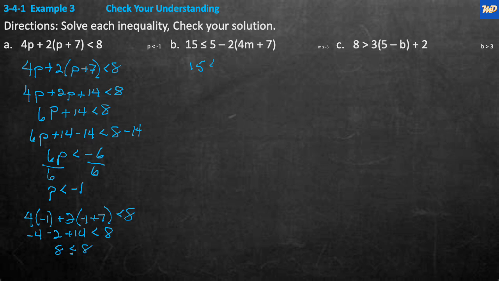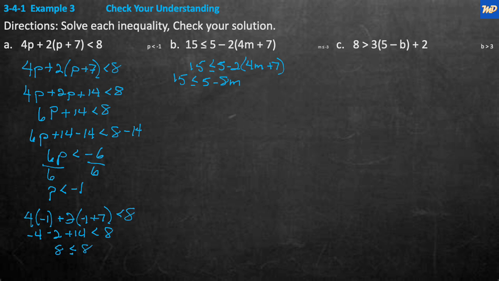15 is less than or equal to 5 minus 2 times the quantity 4m plus 7. Okay, and we're going to have to resolve the distributive property first before we move on. So we're going to write this as, we're going to say 15 is less than or equal to 5 minus 2 times 4m is going to be minus 8m.